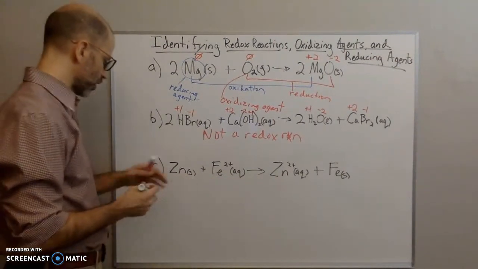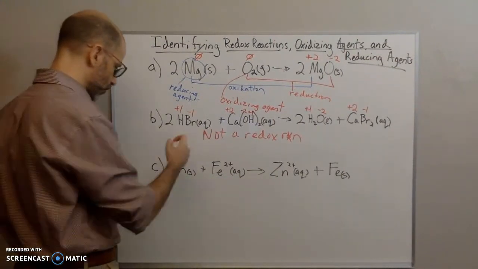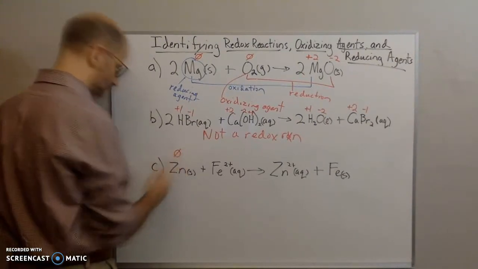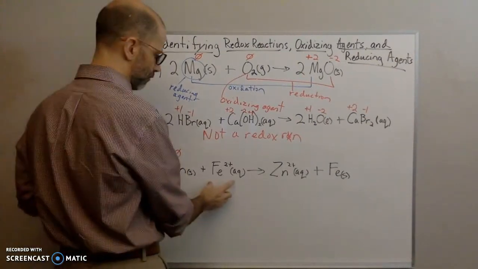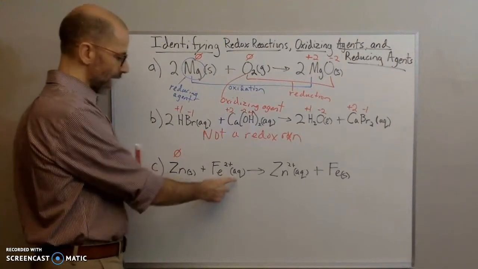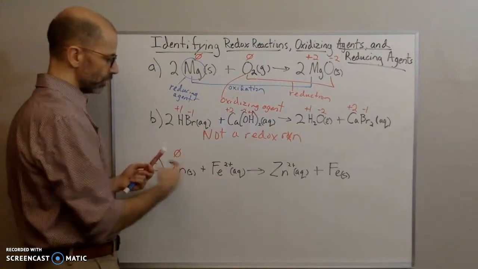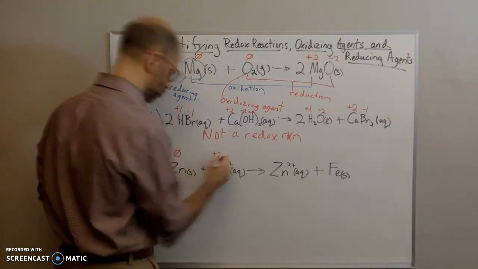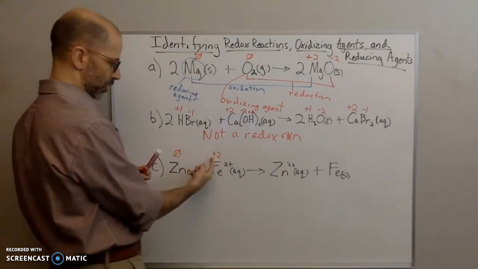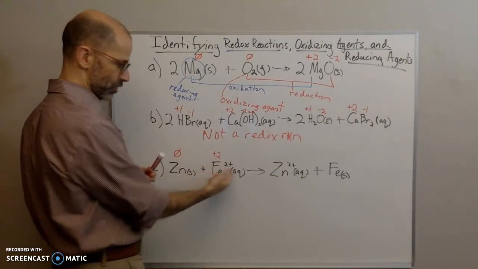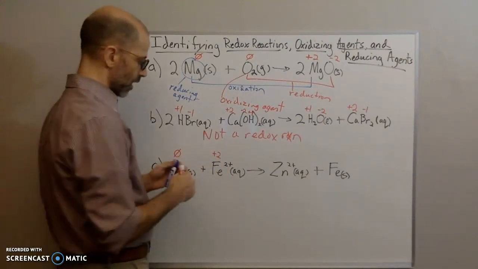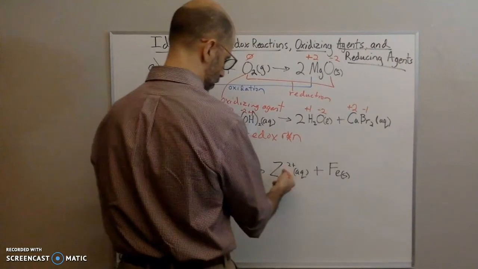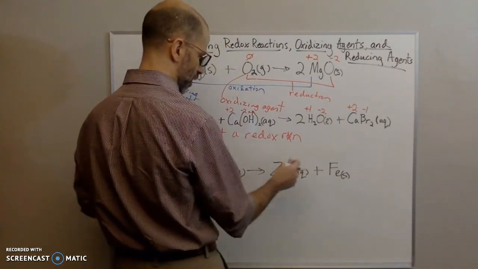So this is a free element, so that's going to be a 0 oxidation state. This is a free ion, so the oxidation state, according to rule 2, is the same as the charge. So it's a +2 oxidation state. Notice that the +2 oxidation state matches the 2+ charge. Now here we have zinc, that's going to be a +2 charge.